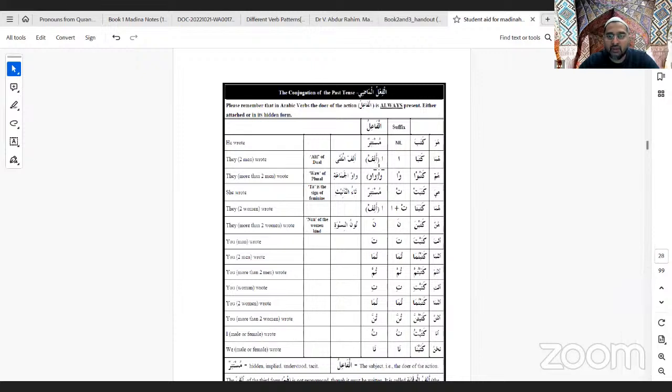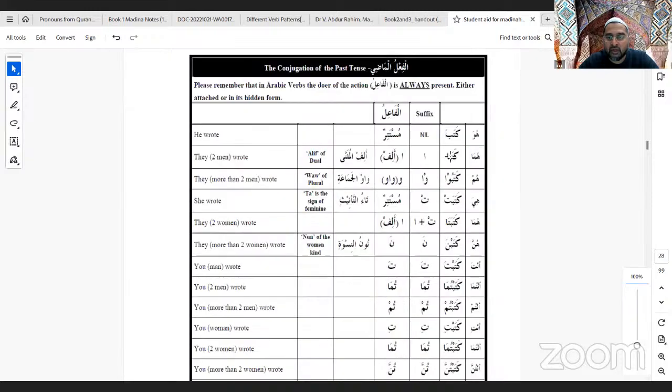When it says alif, the alif which has joined after the ba is the doer now. In katabu, the suffix is waw and alif. So this is a sign of plural masculine. Katabat, this is a sign of feminine. The doer sign is hidden. So huwa and hiya, these pronouns are hidden in the verb.